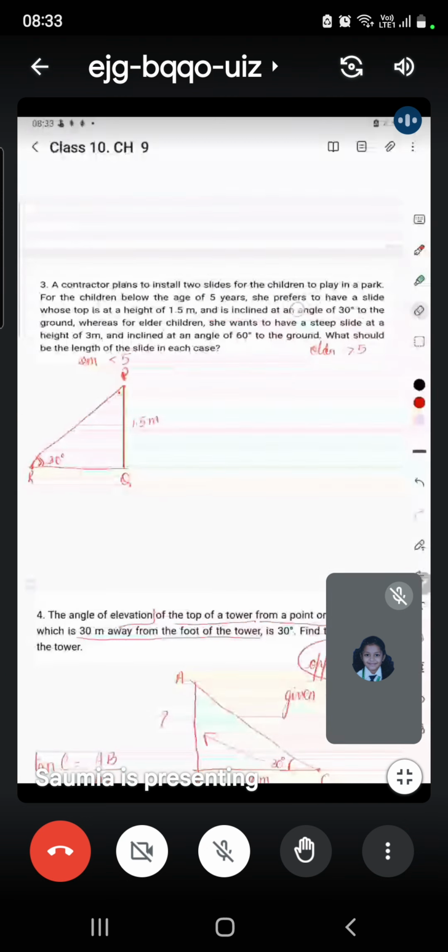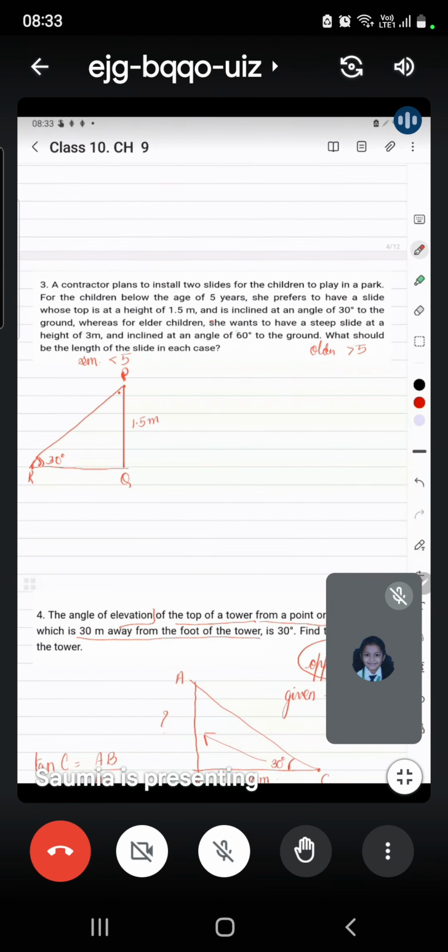Now let us see what she is talking about for the older children. For the older children, she wants to have a steep slide of height 3 meters. That means when the older children go and stand at the top, they are at a height of 3 meters. Okay? And their slide makes an angle of 60 degrees with the ground.